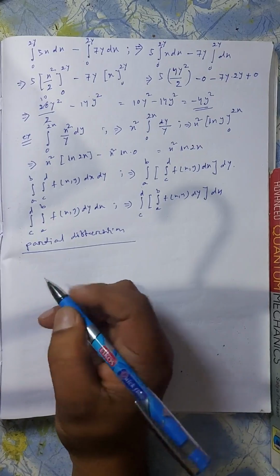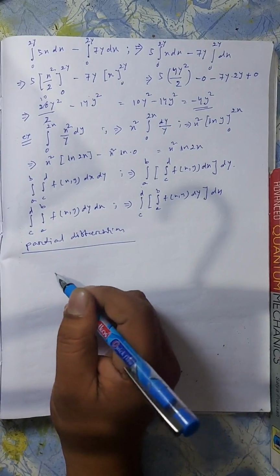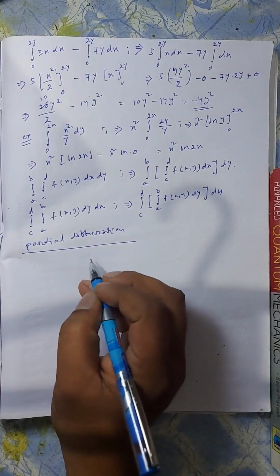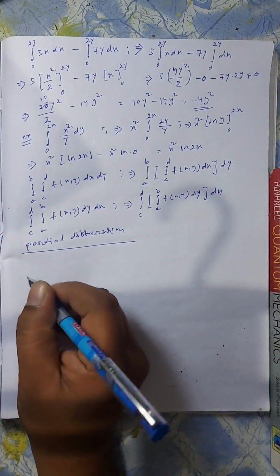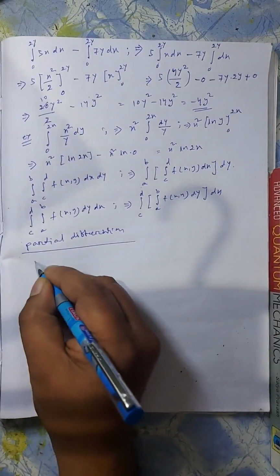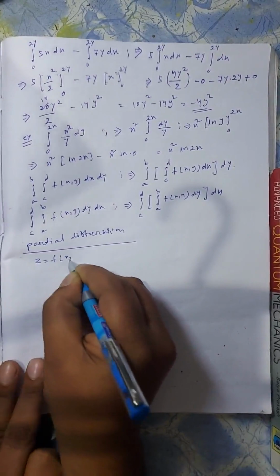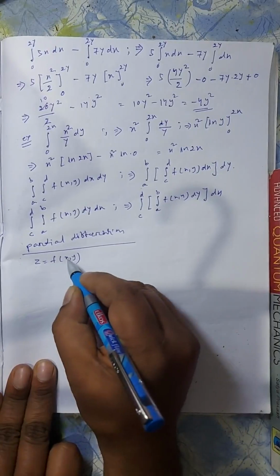Partial differentiation. I already told you about single variables, so this I will tell about the partial in the multiple variables. In this case, suppose we consider a function z, suppose z is a function of x and y. So two variables x and y.